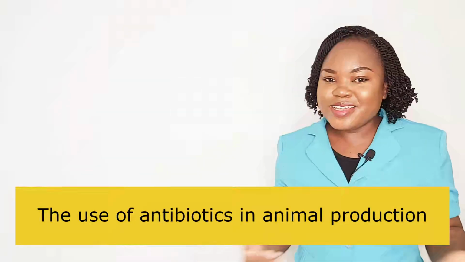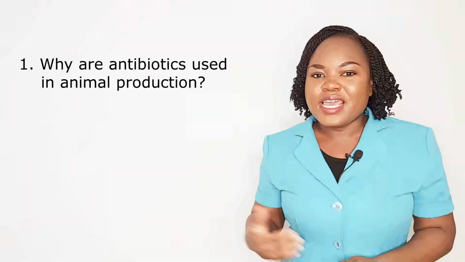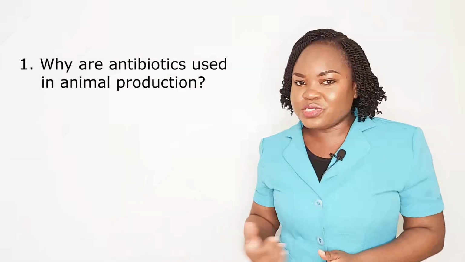In today's video, I'm going to talk about the use of antibiotics in animal production. This is a learning channel, and so here are some key lessons that you should know after watching this video. The first one is you should know why people use antibiotics in animal production.